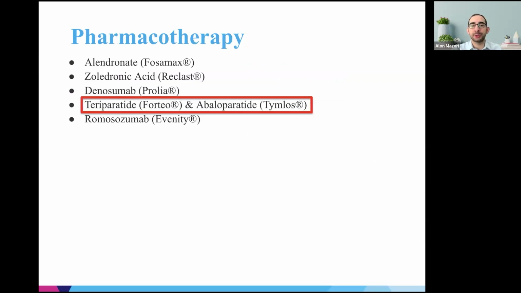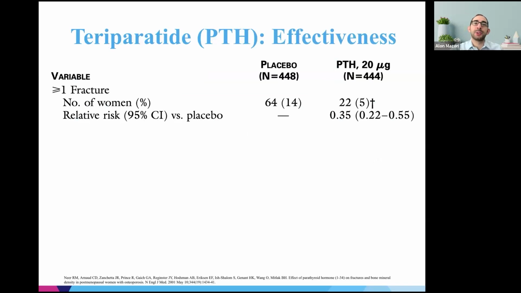If we move on now to anabolic therapy, let's talk about teriparatide and abaloparatide together because they are quite similar. So in the trial that got teriparatide FDA approved, we noticed that if we took a look at lumbar spine fractures, there was an impressive 65% relative risk reduction in individuals who took teriparatide for 2 years in terms of multiple lumbar spine fractures.